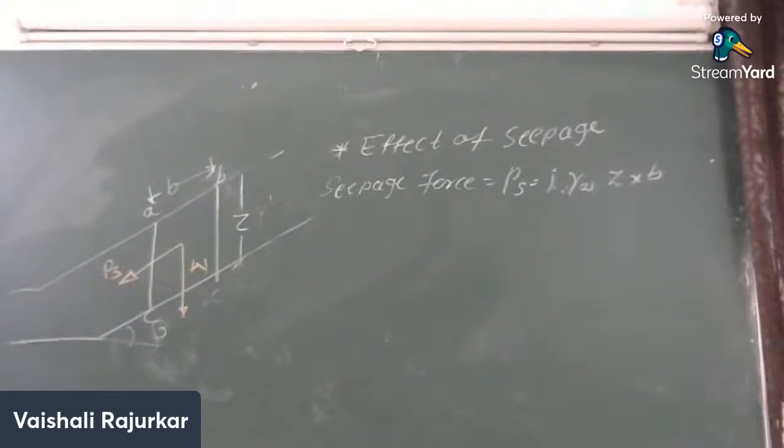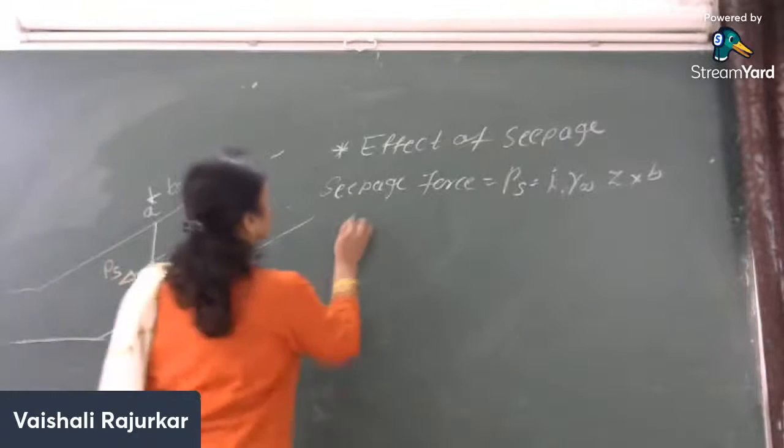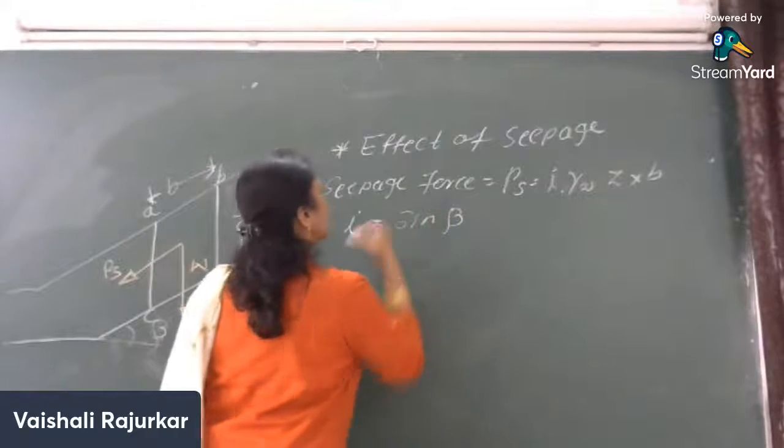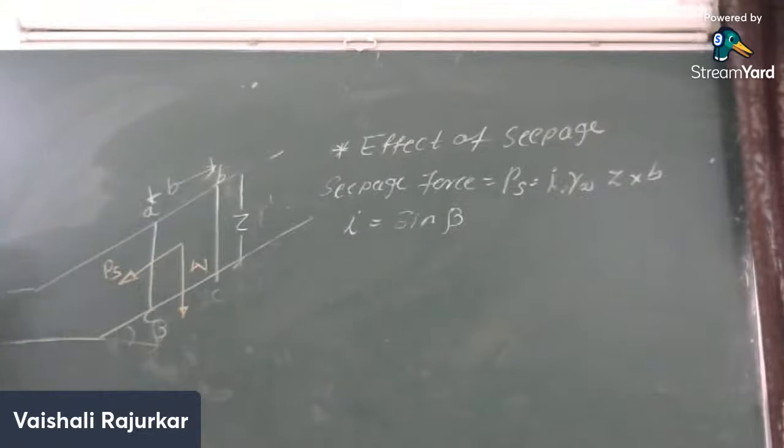Gamma W is the density of the water, B is the width, and Z is the depth. So I is sin of theta.